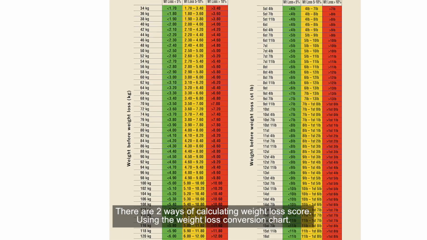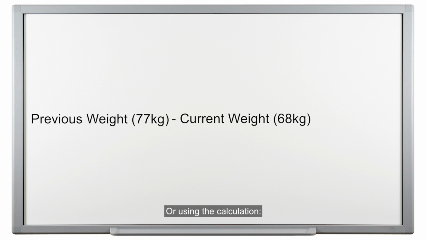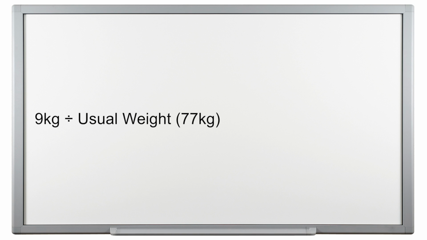There are two ways of calculating weight loss score, using the weight loss conversion chart or using the calculation. Previous weight, 77 kilograms, minus current weight, 68 kilograms, equals 9 kilograms of loss. 9 kilograms divided by usual weight, 77 kilograms, times 100, equals 11.7% loss.